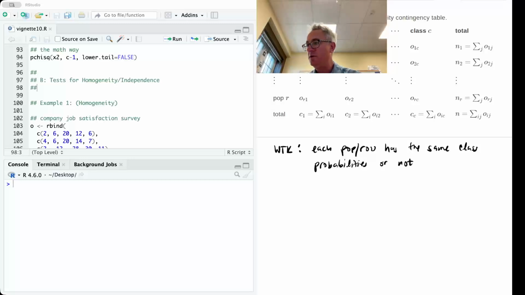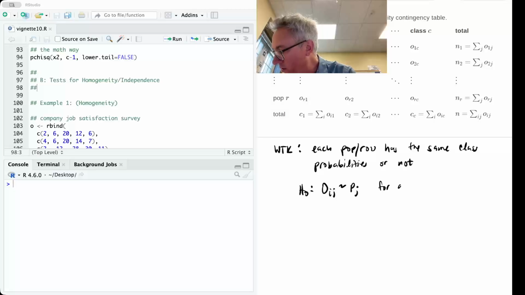In other words, are these probabilities heterogeneous across the rows, or are they homogeneous? They all have the same probabilities. So if you were to write that out formally, you'd have that the observations only depend on the column and not on the row.